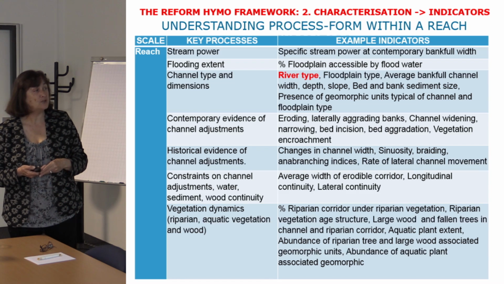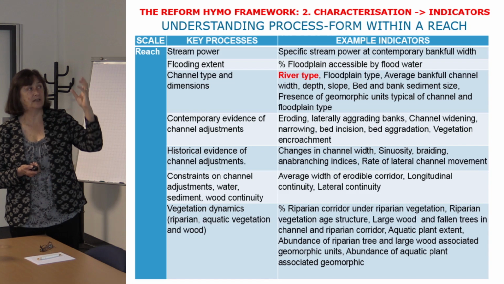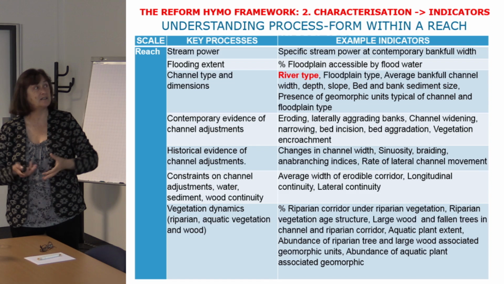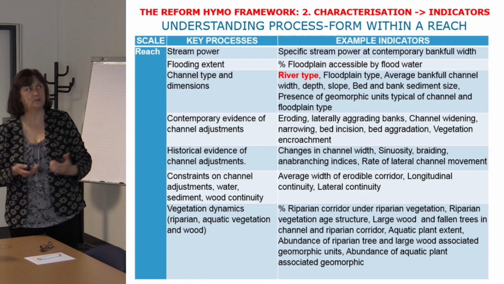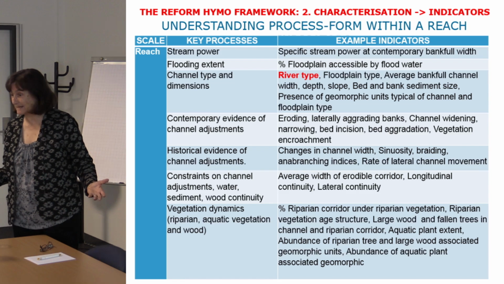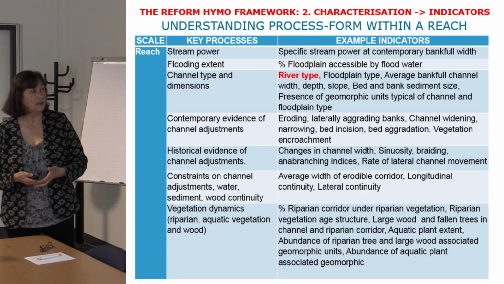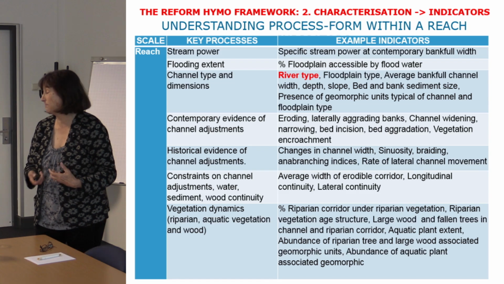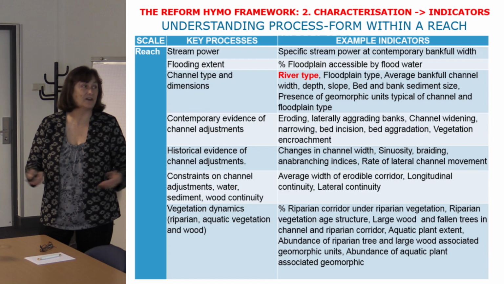And we look at the channel, both the contemporary and historical evidence of changes, whether the features in the channel match the type we think we've got, whether the floodplain seems to suggest that we've got the right river type or not. And we also look at vegetation dynamics, the degree to which we've got a riparian corridor that exists and is functioning.